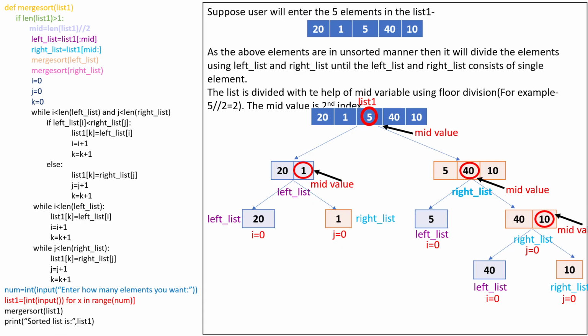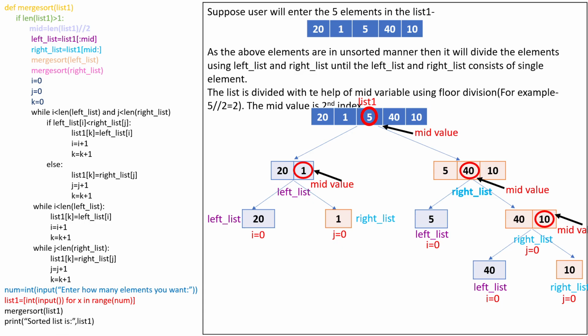Again j will be incremented by 1, so j becomes 2 and k becomes 3. Again it will go to the while loop. j is now 2. Is 2 less than 2, the length of the right list? No, 2 is not less than 2. So it will come out of the loop and go back to the function.